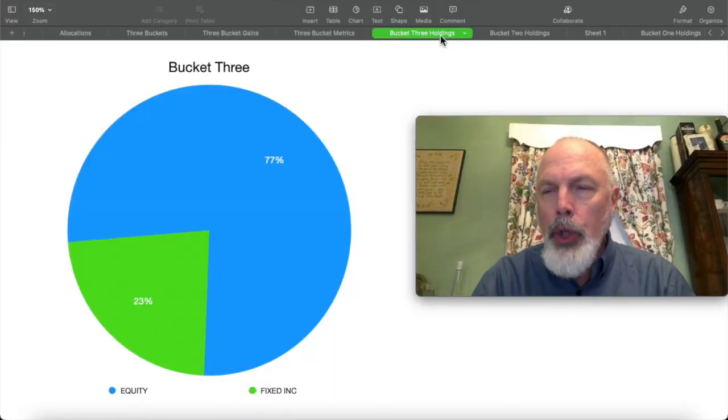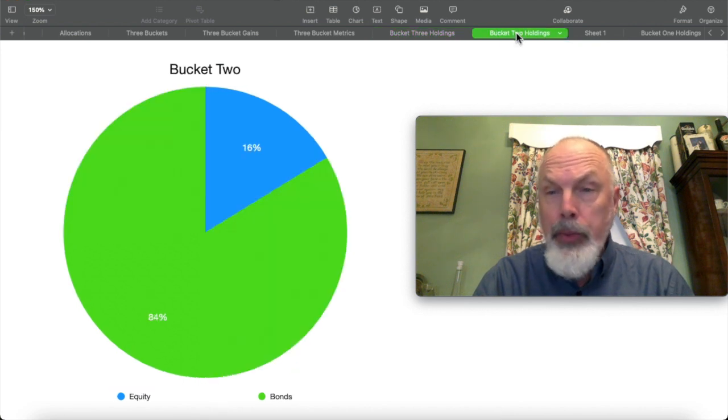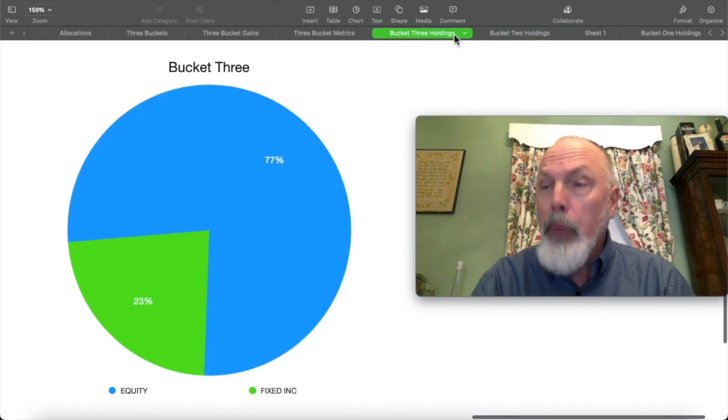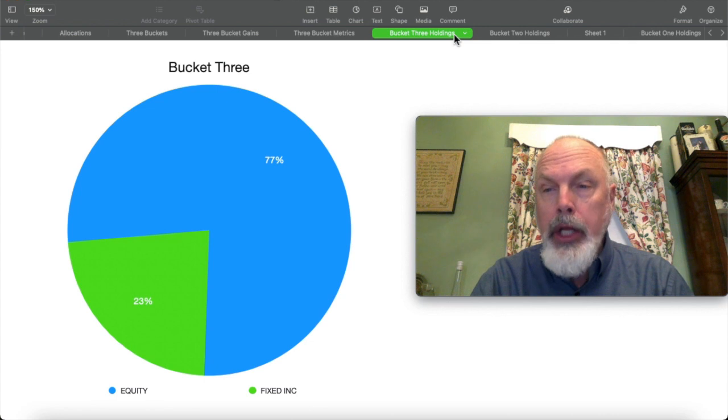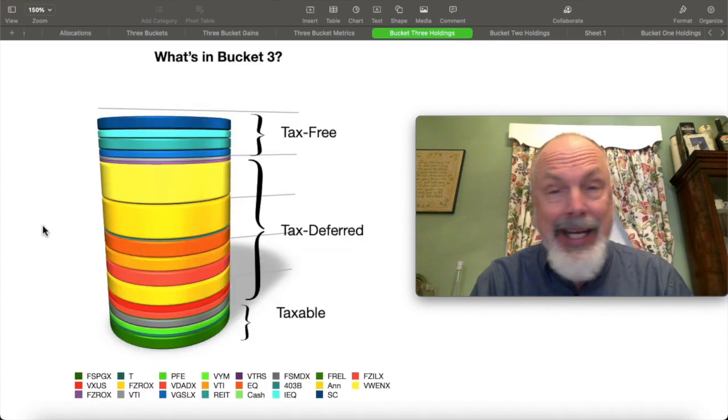Here's a closer look at the equity and fixed income in bucket 3. Whereas bucket 2 was about 84% bonds and only about 16% equity, bucket 3 is 77% equity and about 23% bonds. It's actually a lot easier to see and talk about bucket 3 when you think about those 3 different tax buckets.